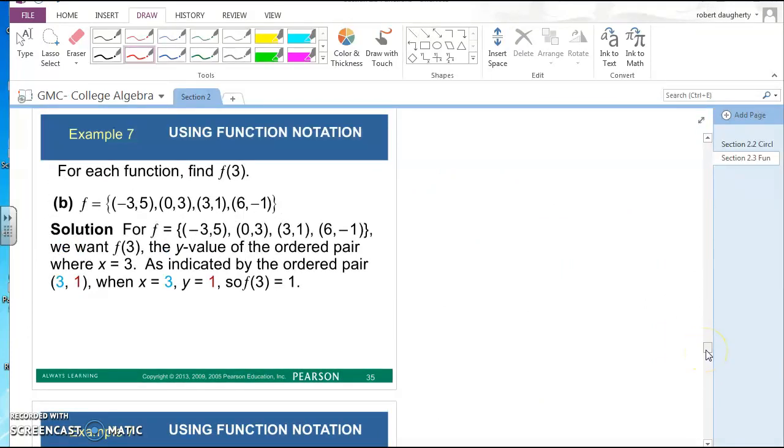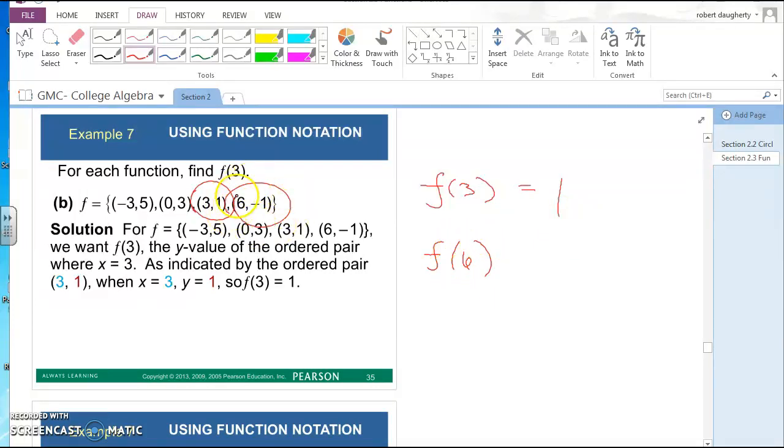Now let's look at this. I've got f defined by these ordered pairs: negative 3, 5; 0, 3; 3, 1; and 6, negative 1. F of 3. When the x value is 3, what is the y value? So I know from right there, f of 3 is 1. Okay. What is f of 6?